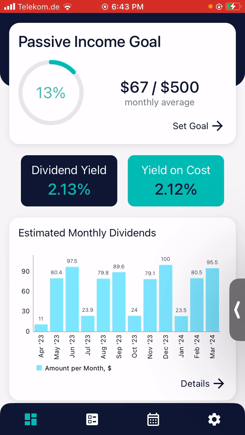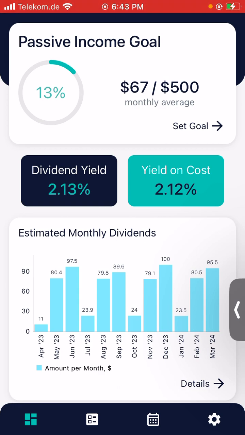The second piece of information that the app shares is the dividend yield. The difference between the dividend yield and the dividend yield on cost is very, very simple. I'm not going to go into details of finance, just want to distill this information for the beginners, those of you who are not familiar with dividend investing, and those just like me that are starting and would like to develop the portfolio over time.